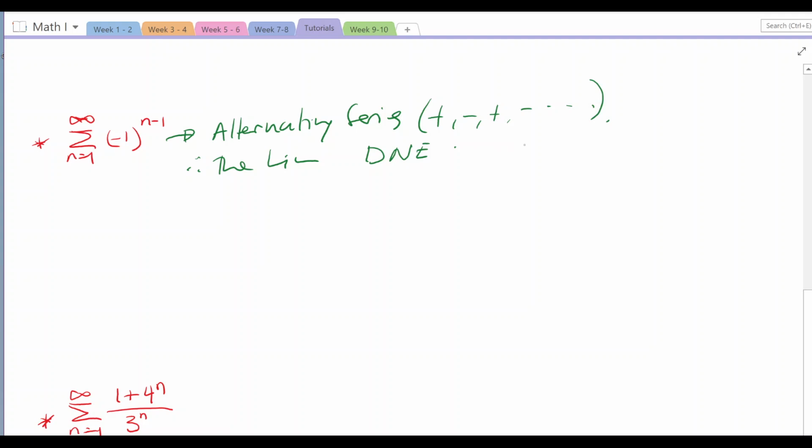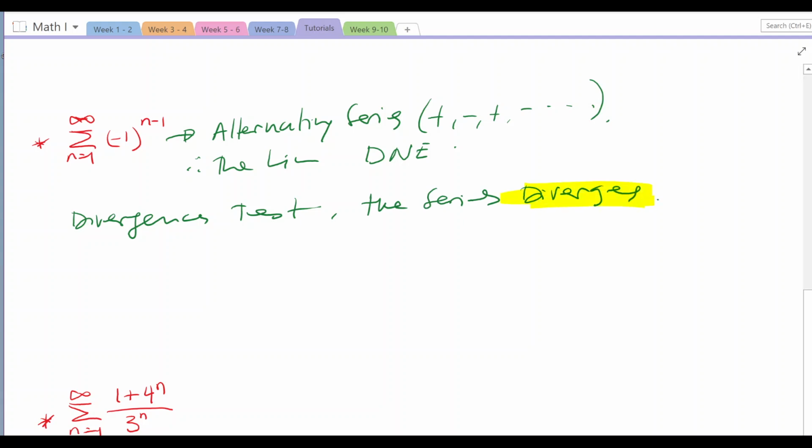And since the limit doesn't exist, based on the divergent test, the series diverges. Let me just write down here: does not exist.